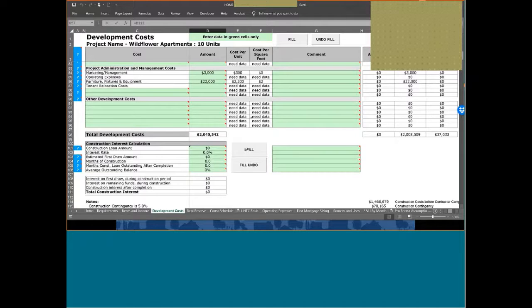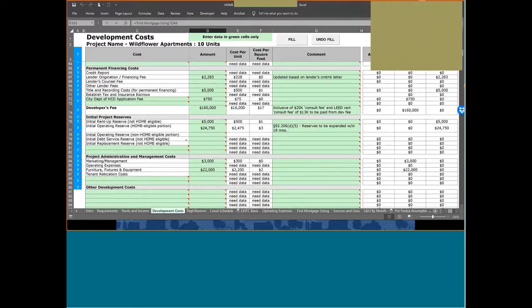In the first step, we're just going to fill it in very roughly with a rule of thumb approach about estimating construction period interest as the development cost. And we're going to base that on the construction loan amount, which we don't have yet. We'll get to that. And that will fill that cell in.